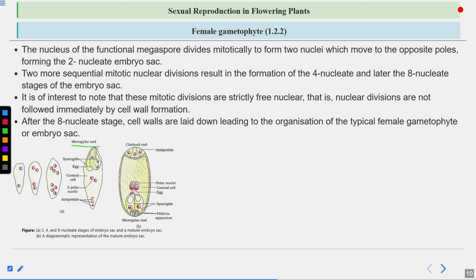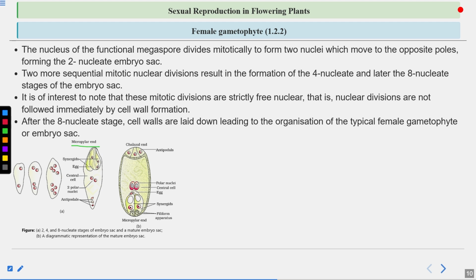What is the significance of the egg? First point: the egg participates in the fertilization process. Very good. It forms the zygote, and the zygote leads to the formation of the embryo. Good.